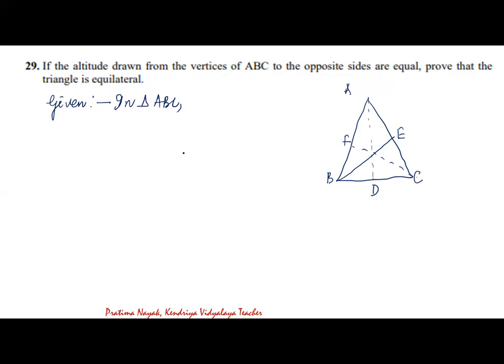I will not write each step because time is very important to us also. In triangle ABC, AD is equal to BE is equal to CF. To prove it is an equilateral triangle, or to prove AB is equal to BC is equal to AC.